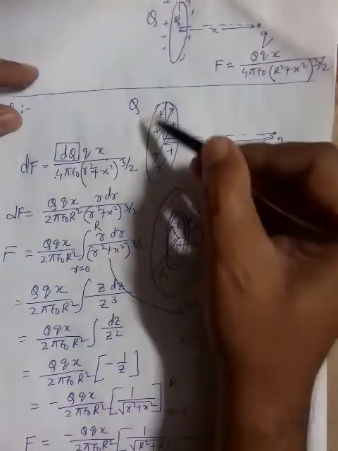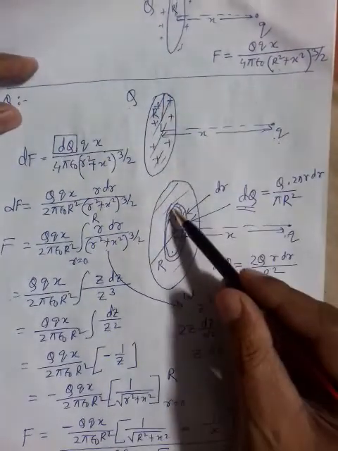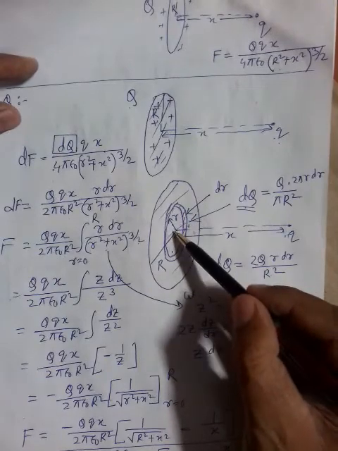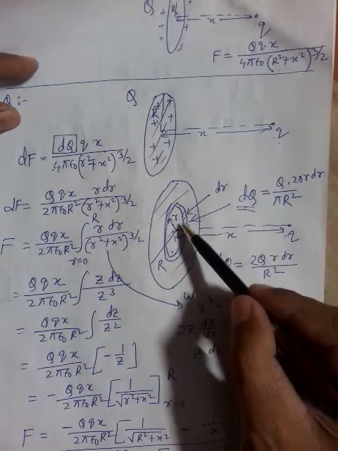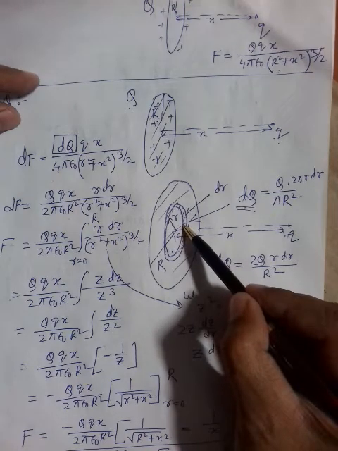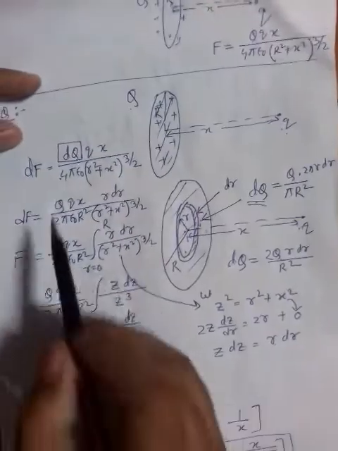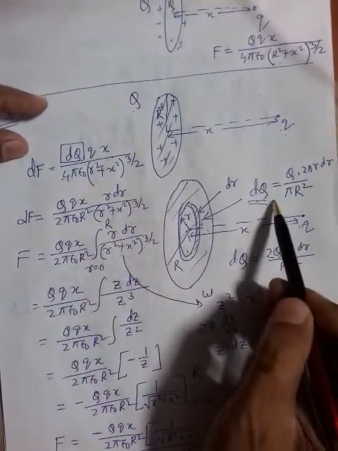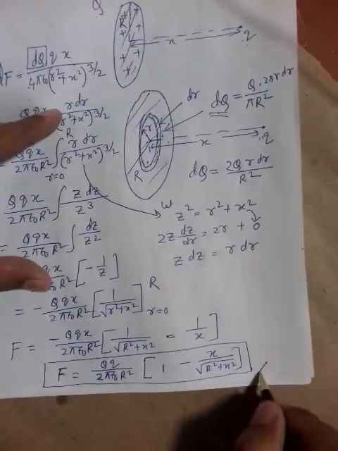First of all, there is no formula for the disc. So I am considering the disc is made up of some rings placed concentrically one after the other to make the whole disc. Because of a small ring like this, by using the formula of force due to a ring, the force is written. What is dq? Written by the unitary method. Then all this simplification gives the answer for the force.